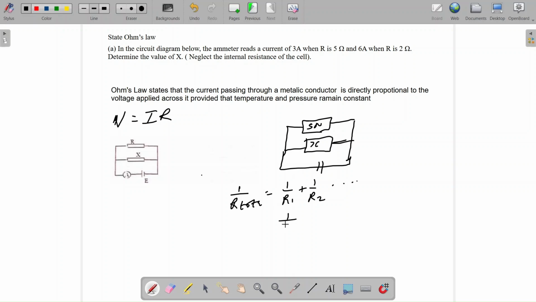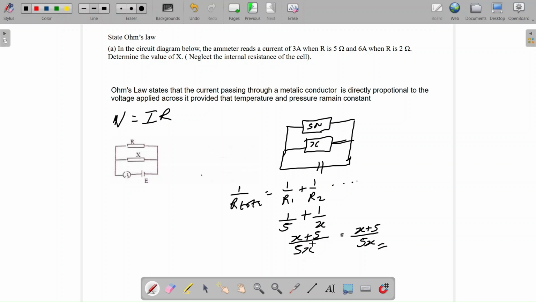This is 1 over 5 plus 1 over, let's say, X. So the solution here will be x plus 5 divided by 5x.